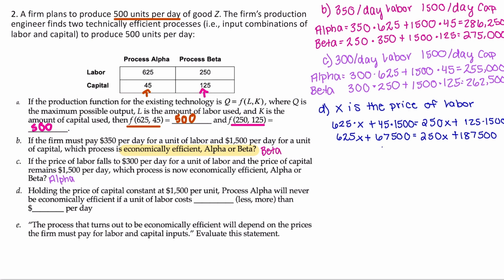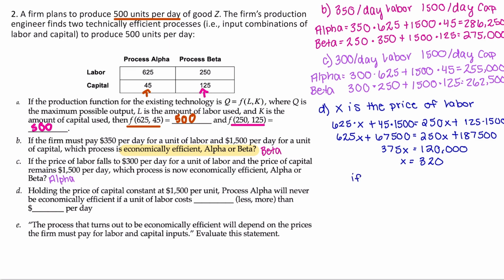So we're going to have 375X equals $120,000, which means X equals $320.